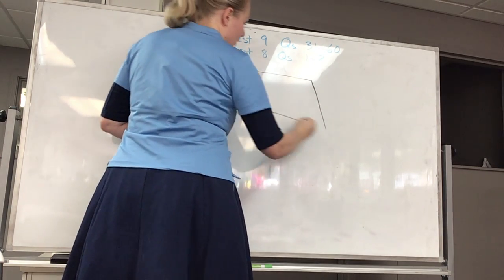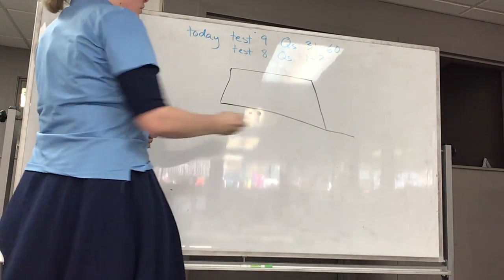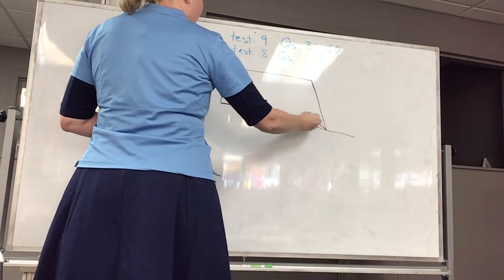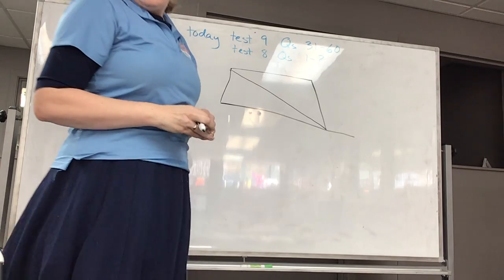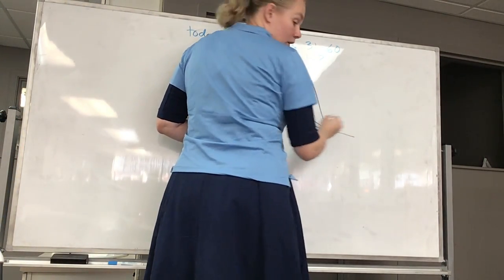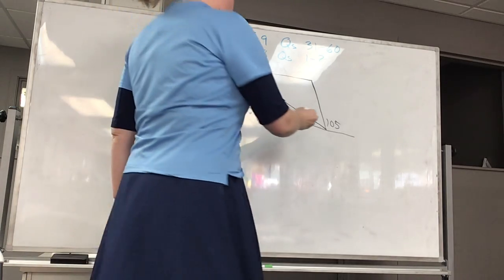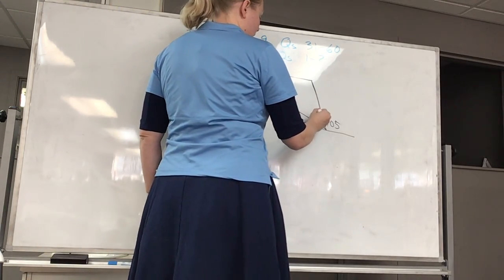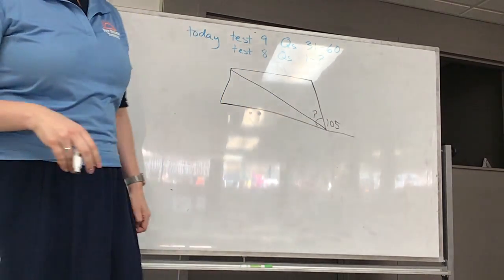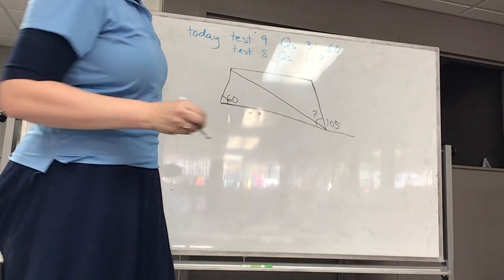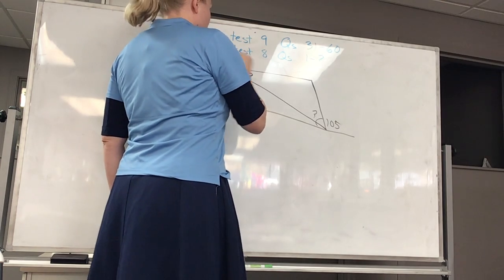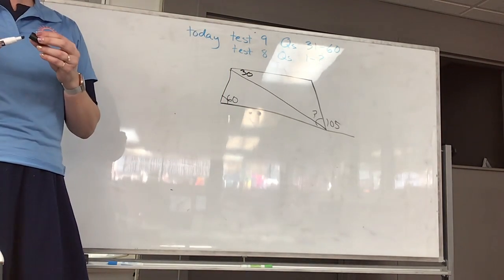It's not an isosceles trapezoid or anything special. And we've got this diagonal drawn in. We know that this is 105. And we are looking for this. We also know that this is a 60-degree angle down here, and that this is 30 up above.